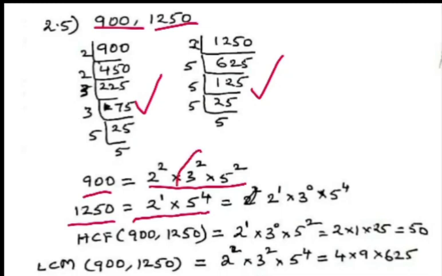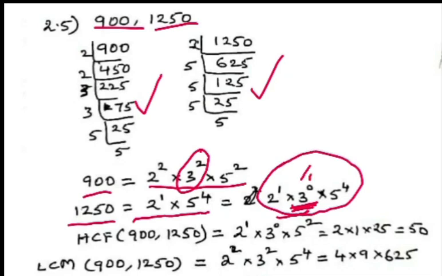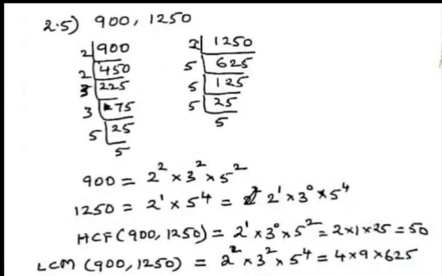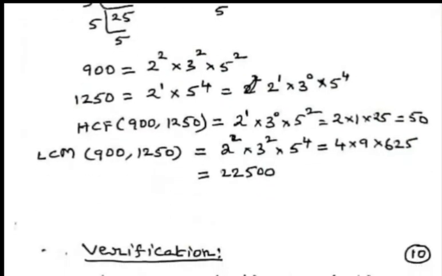Here 3 power 2 is there. So we must include 3 power 0 in this product. We must include 3 power 0. Now to find HCF, we must take the prime numbers with the lowest powers: 2 power 1 and 2 power 2.